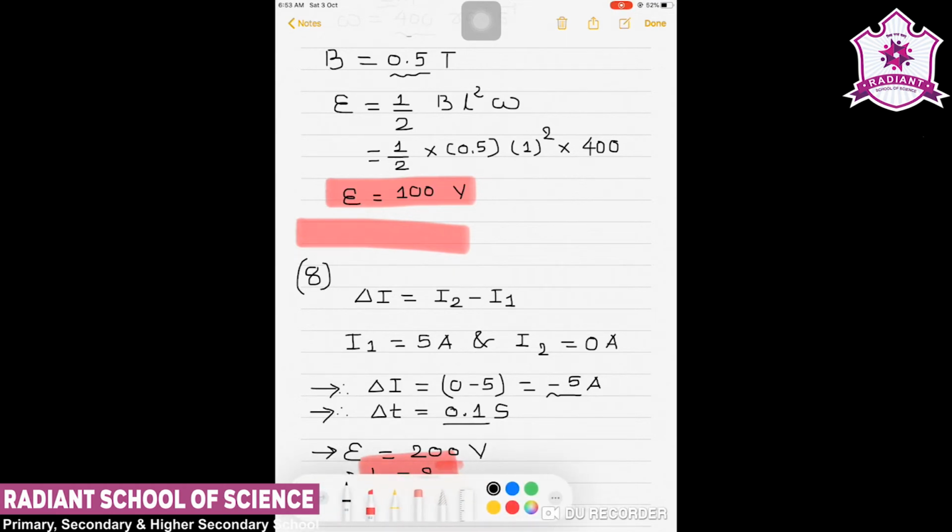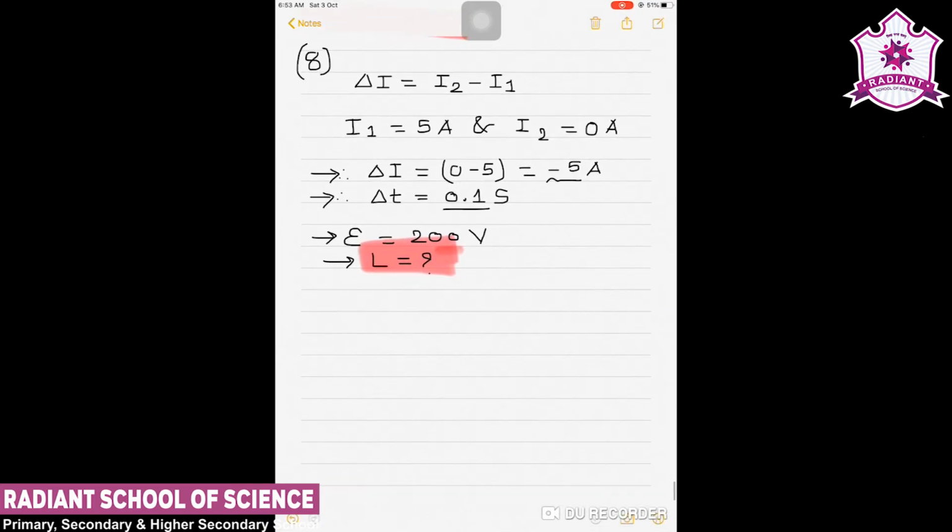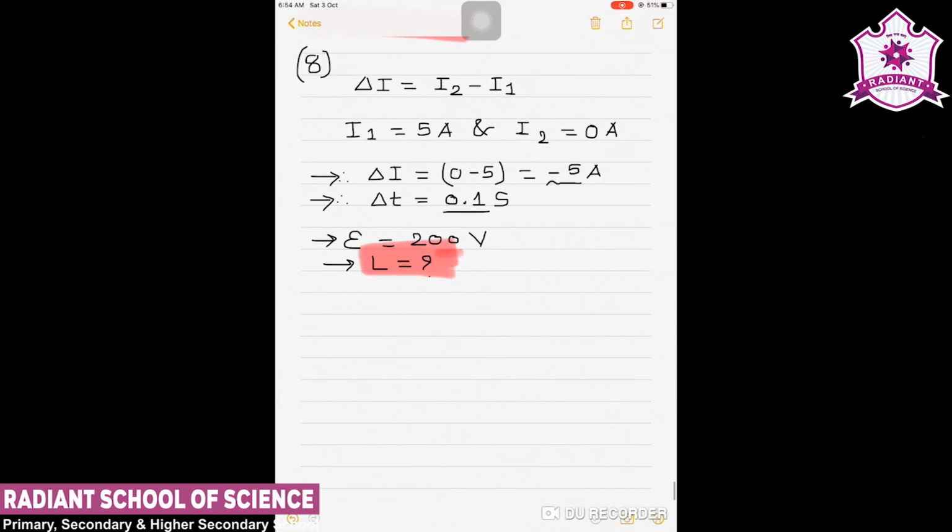For this, what equation can we use? It is very easy: we can apply the equation E is equal to minus L delta I over delta T. Now we just have to put all the terms: delta I is minus 5 and delta T is 0.1.